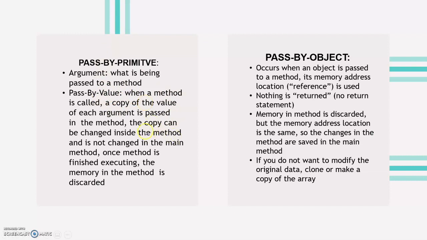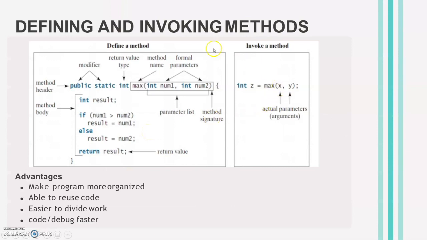And then that copy can be changed inside the method, but is not changed in the main method, which is what I referenced earlier when I said the 3 minus 2 thing. So any changes that you make to the parameter that was passed, those aren't reflected in the main method itself.